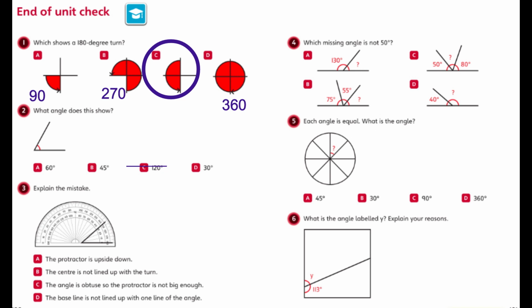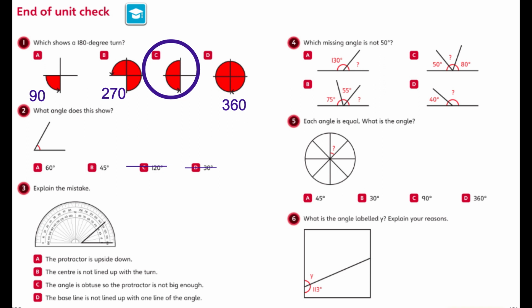Now, to figure out the other angle that couldn't be right, you have to think a bit about the angles we've been working with recently. And you would have realized that 30 degrees seems kind of small for this angle. And it really is, because when you look at this, you can tell it's more than halfway to 90 degrees, and 30 degrees is less than halfway. So we could also cross off D.